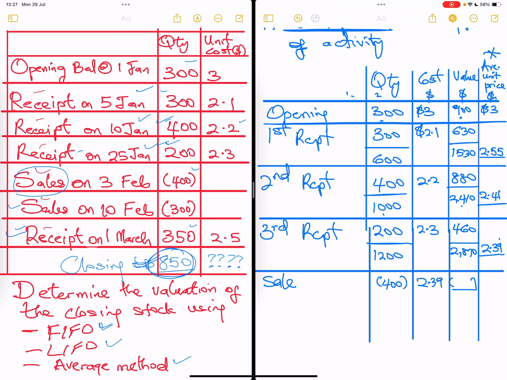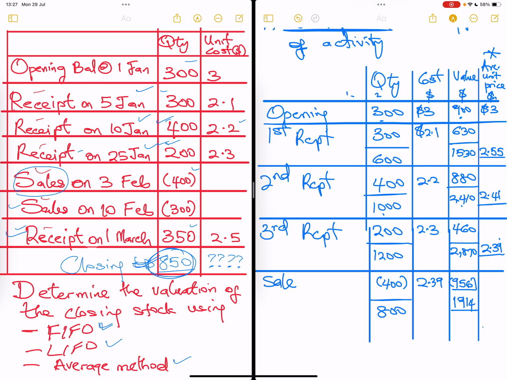That will be 2.39 multiplied by 400, and that is 956. So we'll be left with 800 units, and 800 units is valued at how much? 2870 minus 956, and that's 1914.